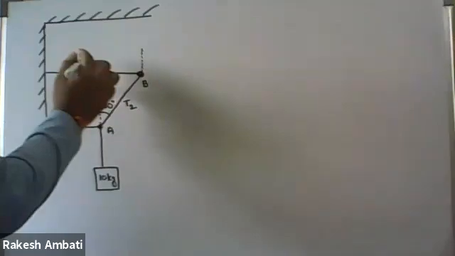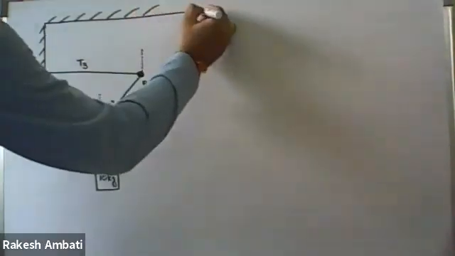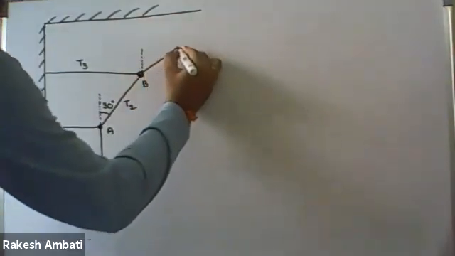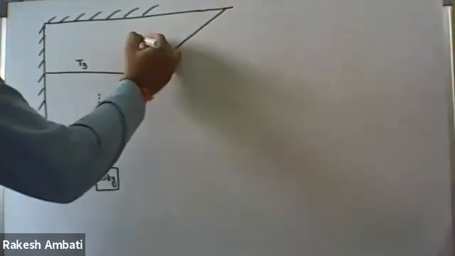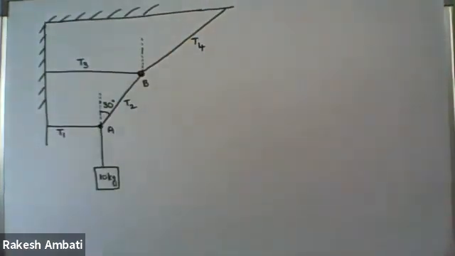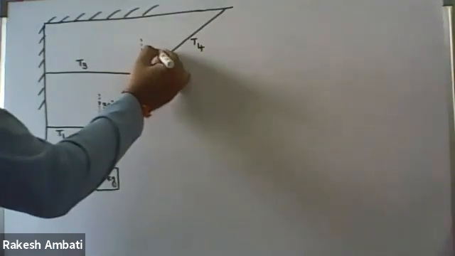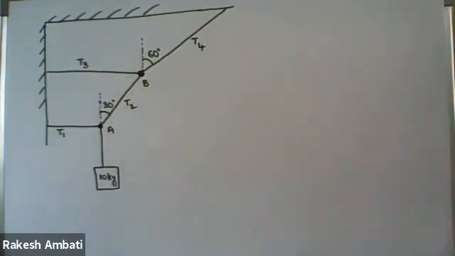In this string tension force T3. Then after, with vertical, here we have another string. In this string tension force T4, and in the question this angle is given 60 degrees.